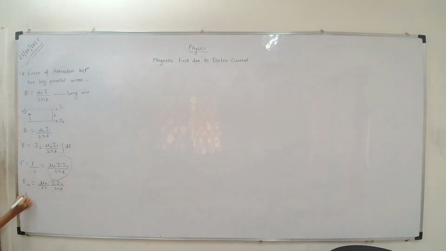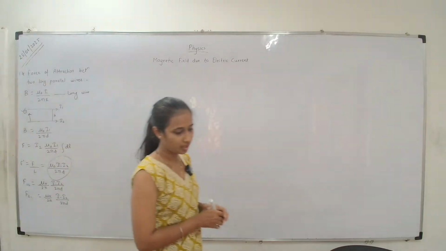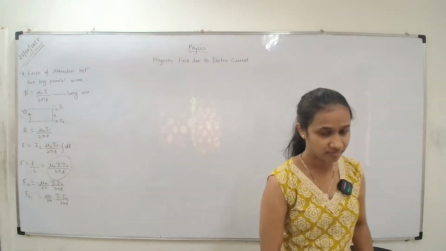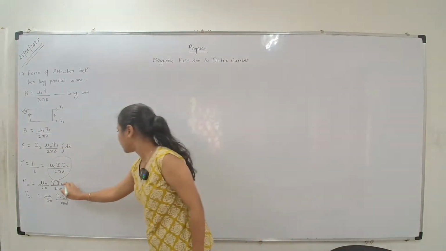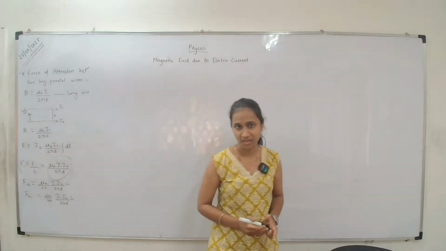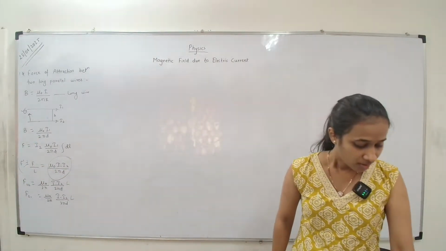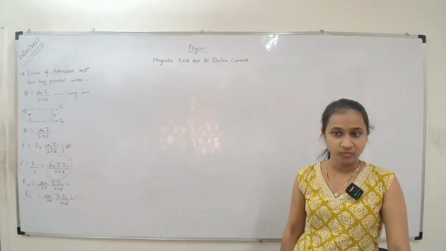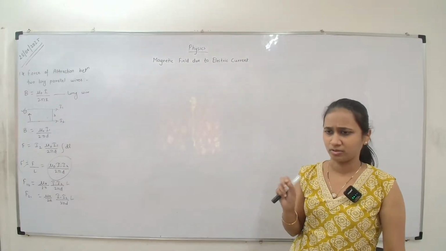At the same time, force on 2 due to 1 is mu naught upon 2 pi I1 I2 divided by 2 pi d. Nothing but the same. Okay. Into L because this is not force per unit length. This is your force per unit length. F dash I am writing here as notation. Now we will denote this force as F21. F21 will come often in the notations below.